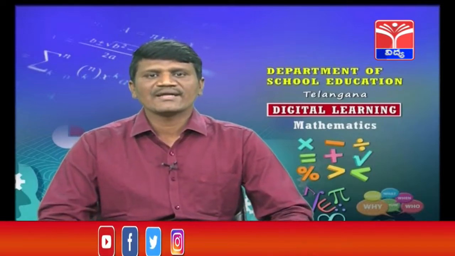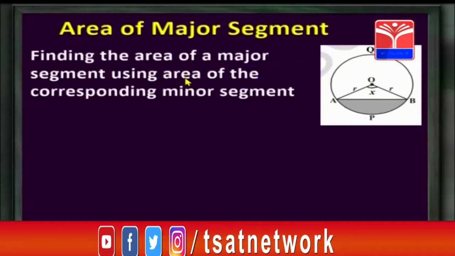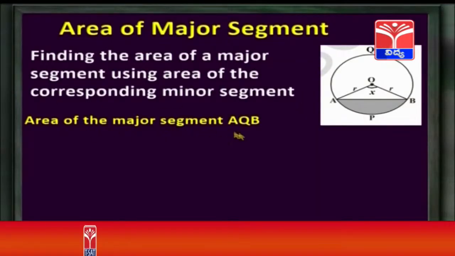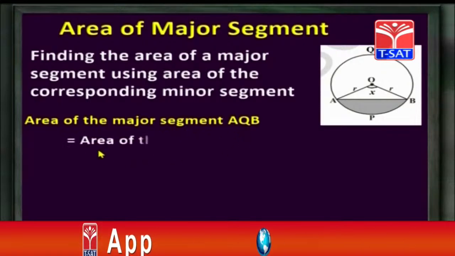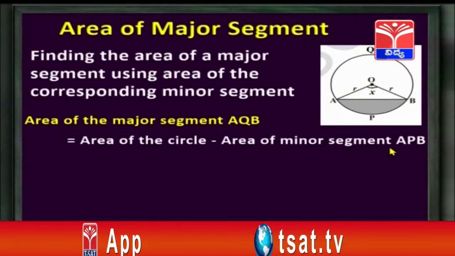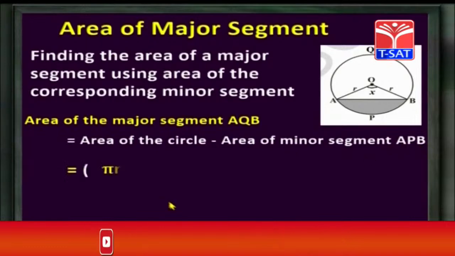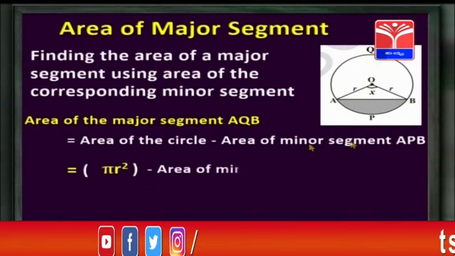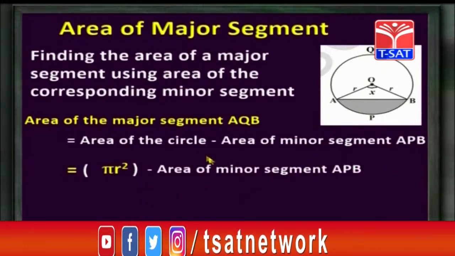So the area of the major segment AQB is equal to the area of the circle minus the area of minor segment APB. The area of the circle formula is pi r square, minus the area of the minor segment.